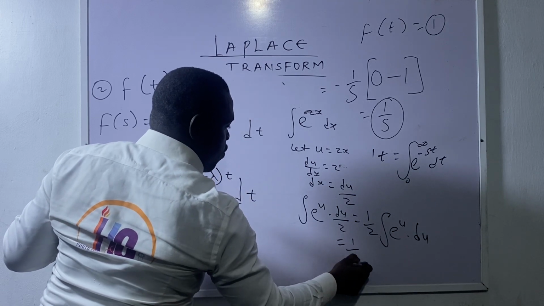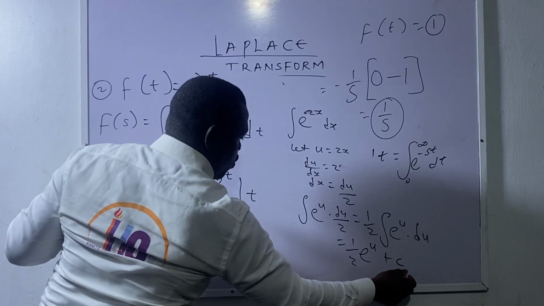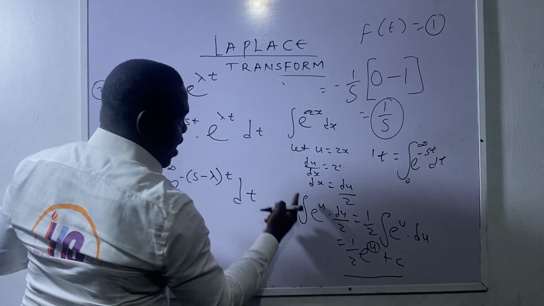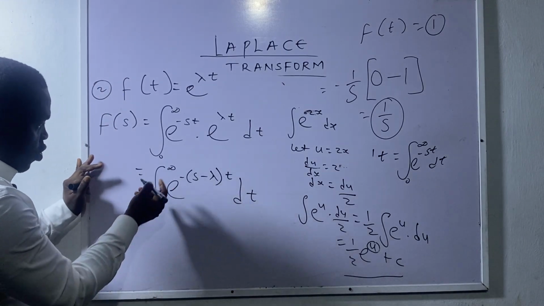So we have 1 over 2 times the integral of e to the power u du. By the time you integrate this, it becomes the same thing. By the time you put the u back, you have 1 over 2, e to the power 2x. Exactly the same thing. So applying that to this, what are we going to have?